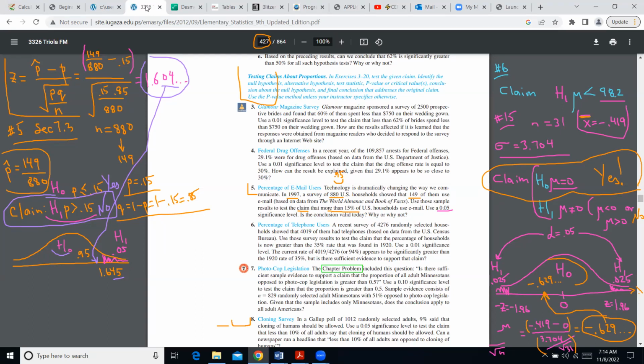So this section is talking about claims related to population proportions, and all of the exercises here are of the same type. And my goal was to show you that this section is not really any different from the previous.